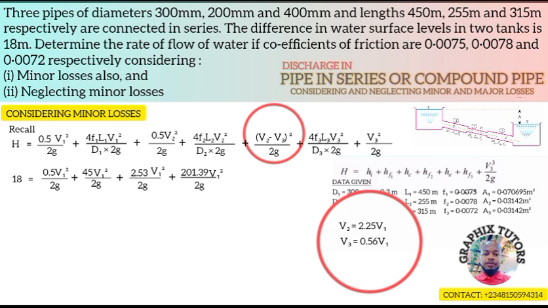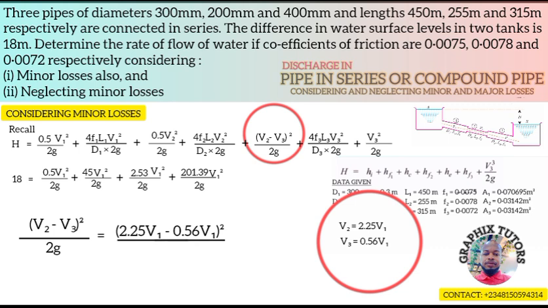Then we'll move further to the next one, plus v2, we know v2 is given as 2.25 v1, minus v3, we know v3 is 0.56 v1. Everything has square, all divided by 2g. Now, if you look at 2.25 v1 minus 0.56 v1, they are like terms.